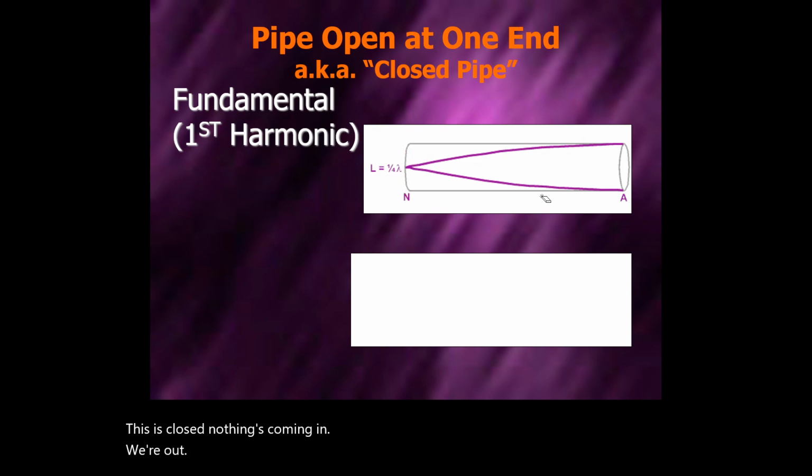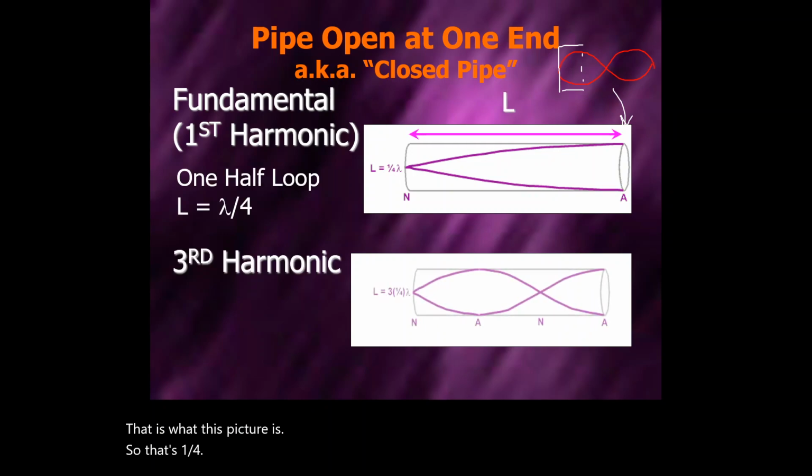What you notice is if I again draw my full wave up here, we are going from the first node to the first antinode, which is right there. That is what this picture is. So that's 1/4 of a wave.